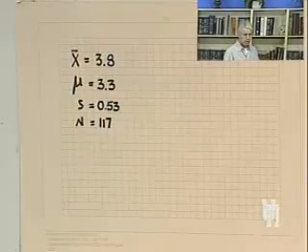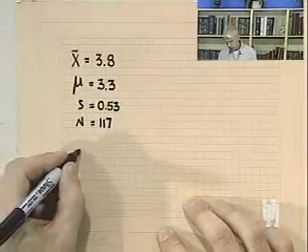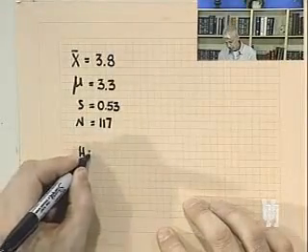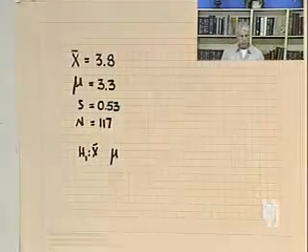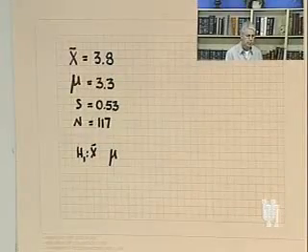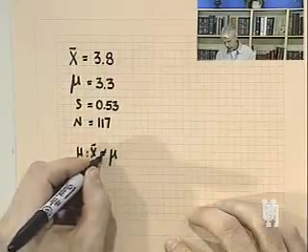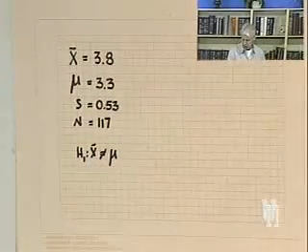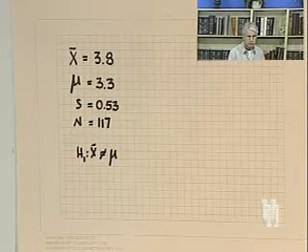Let's go one step further before I ask you which situation we're in. What is the research hypothesis? What relationship is hypothesized between X bar and mu? That they're not equal. You say that the research hypothesis is that X bar is significantly different from mu.